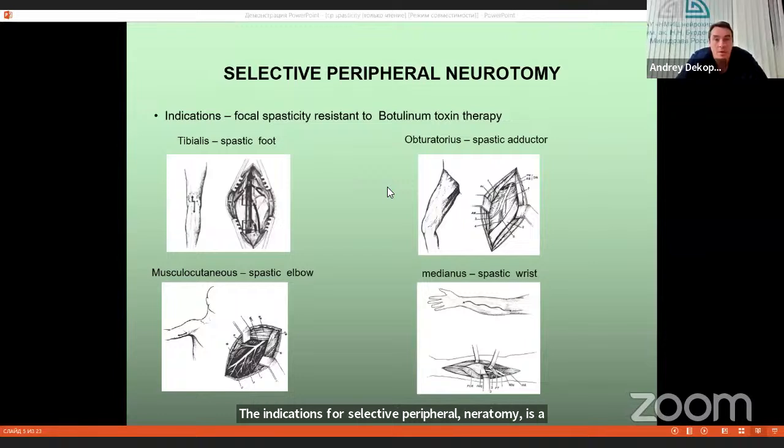Depending on the level of spasticity, neurotomy is performed on different peripheral nerves. For spastic foot, the target is nervus tibialis. For spastic adductor, nervus obturatorius. For spastic elbow, musculocutaneus, and for spastic wrist, nervus medianus.